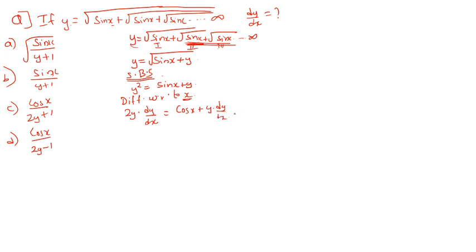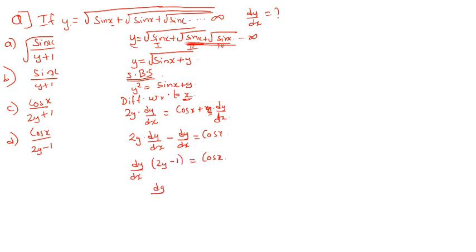Sorry, here it won't be y, it will be dy by dx directly. So this will become 2y dy by dx. Taking this dy by dx onto the LHS, and cos x as it is. Now taking dy by dx common, it will become dy by dx into 2y minus 1 is equal to cos x.